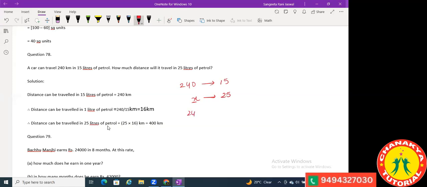So 240 by x and 15 by 25. Just find the value of x from here. So that means x is 240 into 25 upon 15. So just reduce it to lower form. Whatever you can cancel, please do and give the value of x.